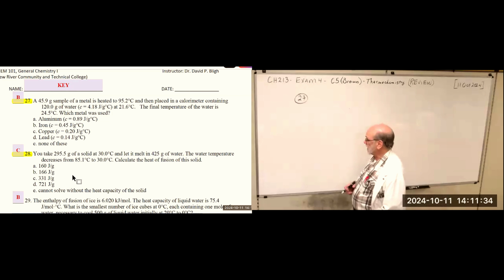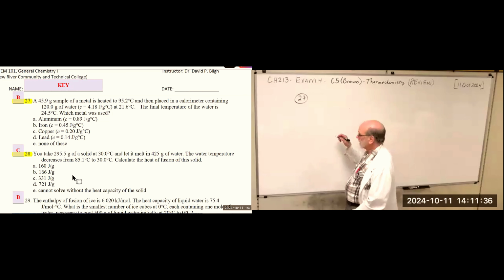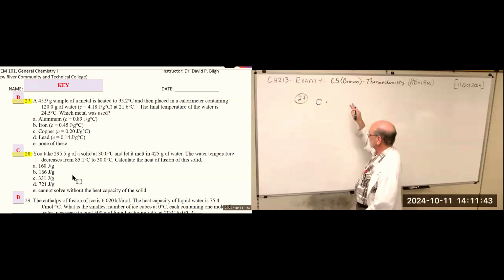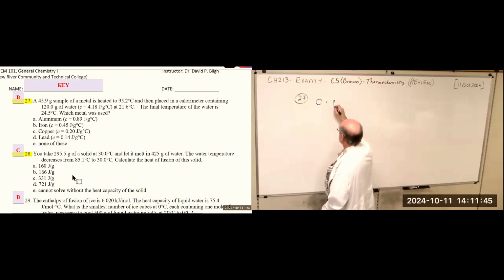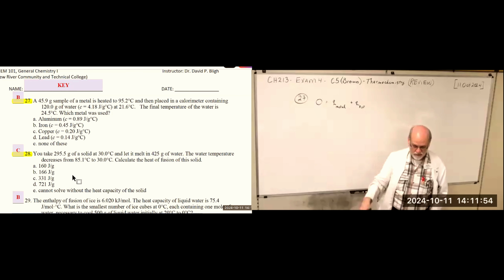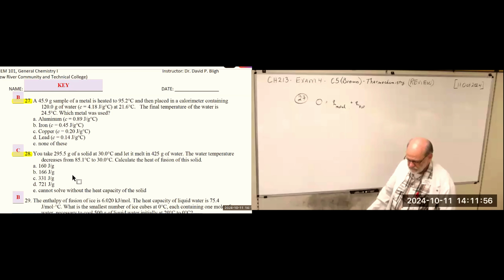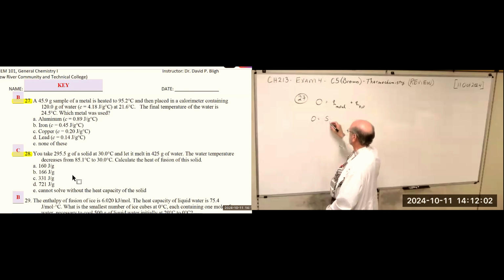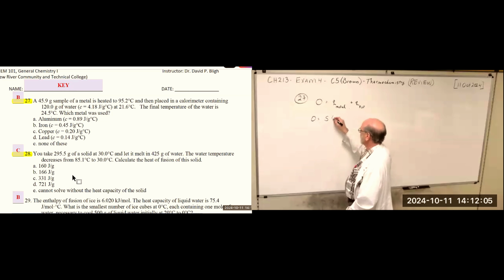All right. So I'm going to try to do this without slapping it up on the board. We know that our calorimeter, whatever happens in Vegas stays in Vegas. So we have a Q of the metal, which we don't know right now. And then we have the Q of the water. And again, they're ignoring the calorimeter. So the Q of the metal is equal to the specific heat of the metal times its mass.